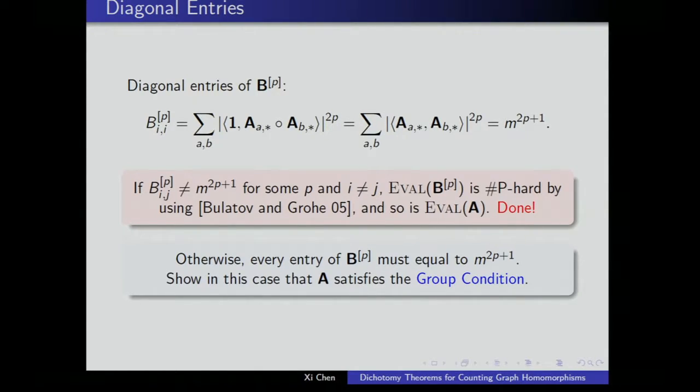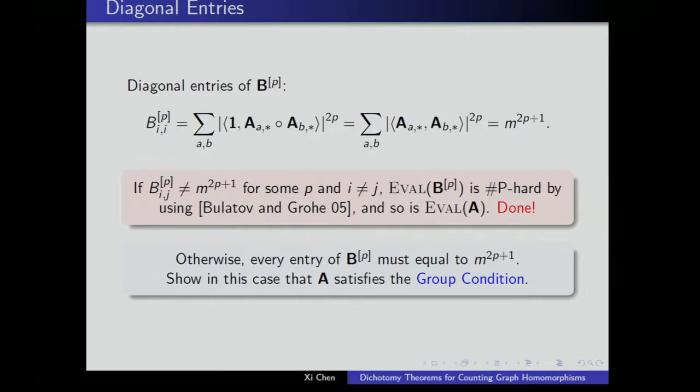So every inner product here is either 0 if A is not equal to B, or M if A equals B. And if you go through all possible pairs of A and B, we have exactly M pairs where this inner product gives us M. So it gives us M to the 2p plus 1. Okay, so we know exactly what the diagonal entries are.